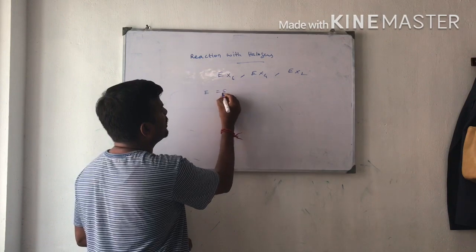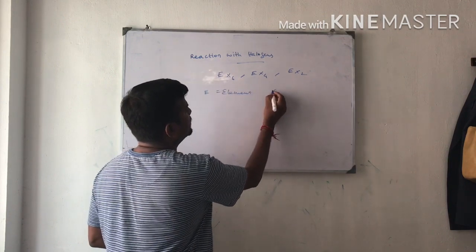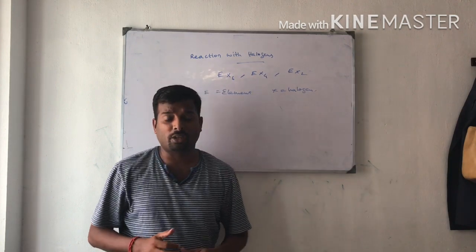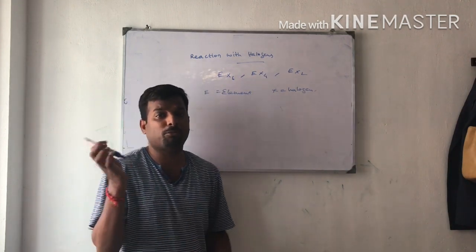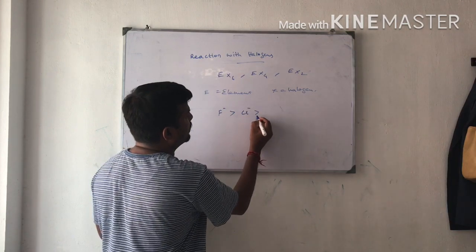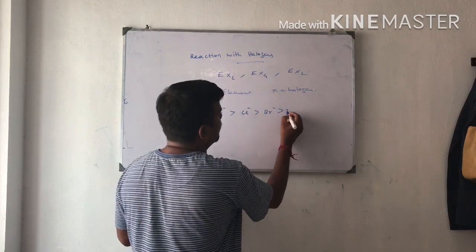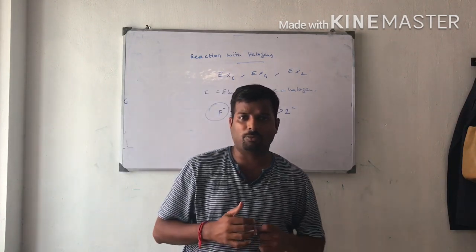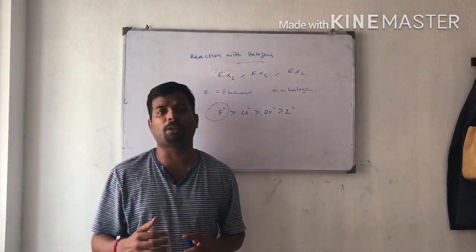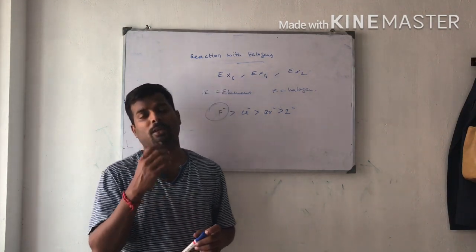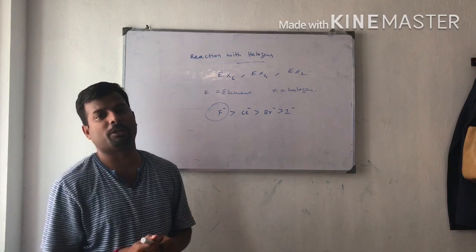E stands for element, X stands for halogen. The stability order decreases from fluorine onwards. Fluoride is more stable than chloride, greater than bromide, greater than iodide. Fluorine is highly electronegative, so it will form a strong bond with the 16th group element.